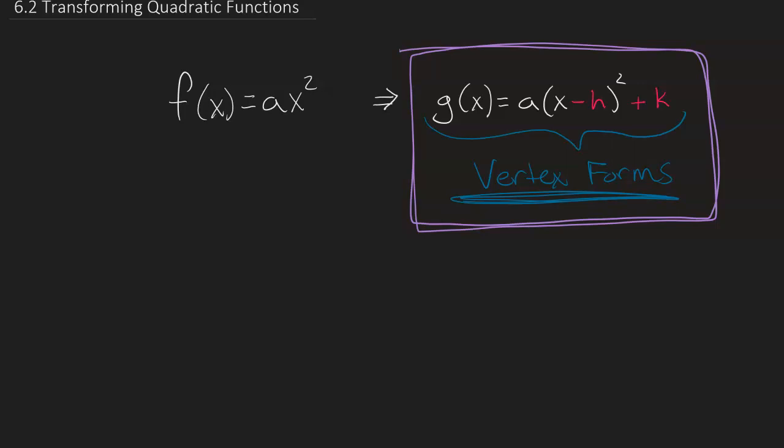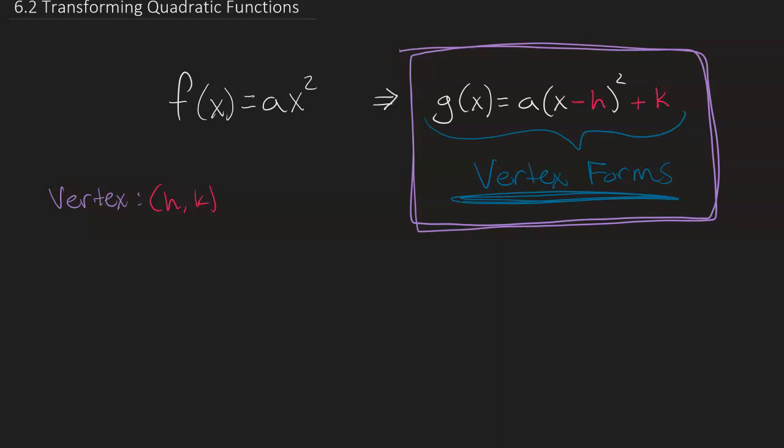So in this case, the vertex is indicated by the h and k value. So from this form, you can identify straight away what the vertex is. It's whatever the h value is, whatever the k value is.